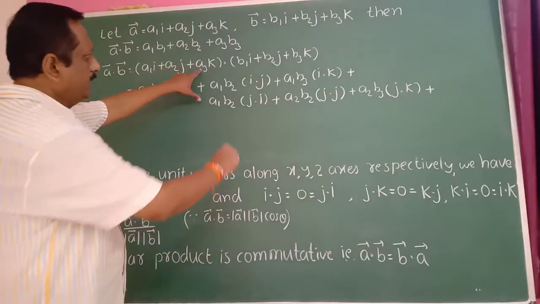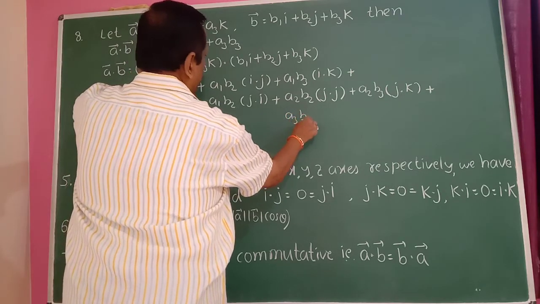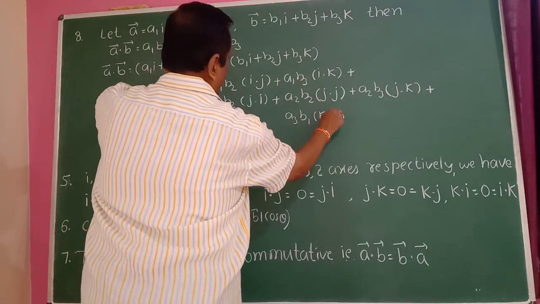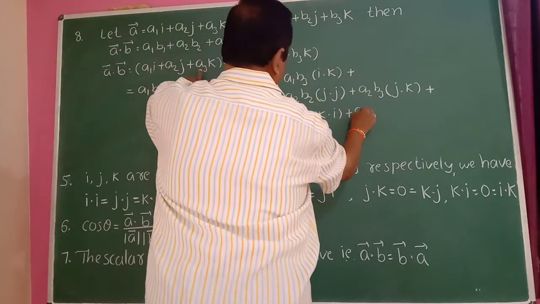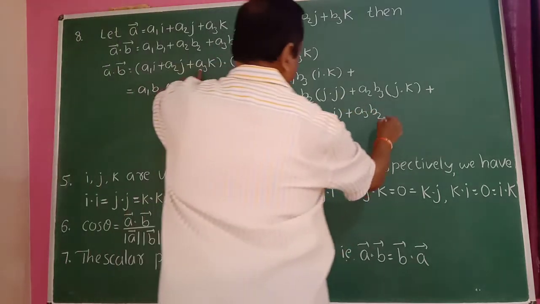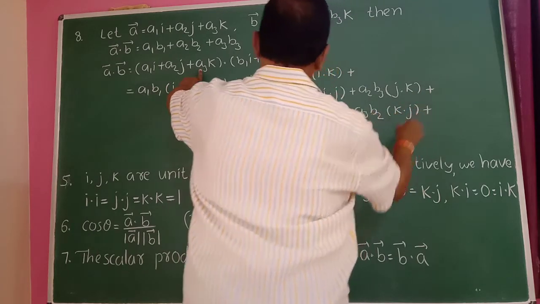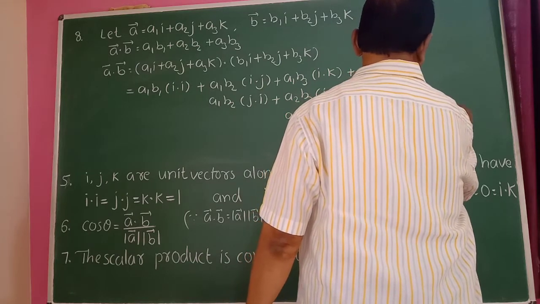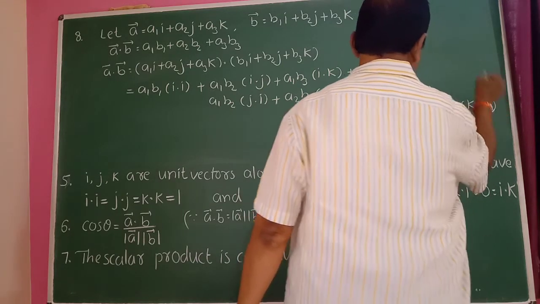Next a3 b1, k dot i, so k dot i, plus a3 b2 k dot j plus a3 b3 into k dot k.